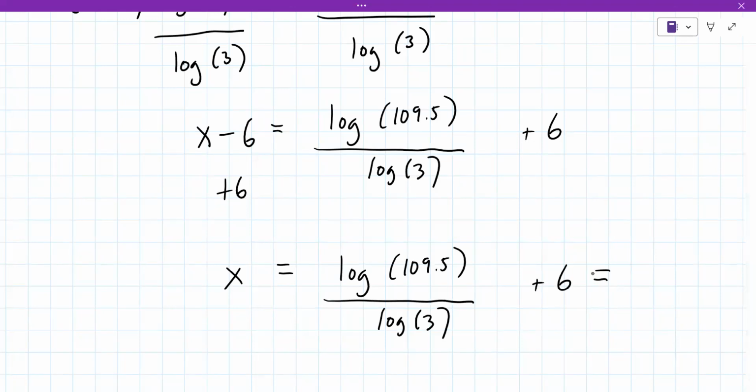Okay. I got 10.27, but if I round it up, it's gonna be 10.3. I agree. Yeah. Very good.